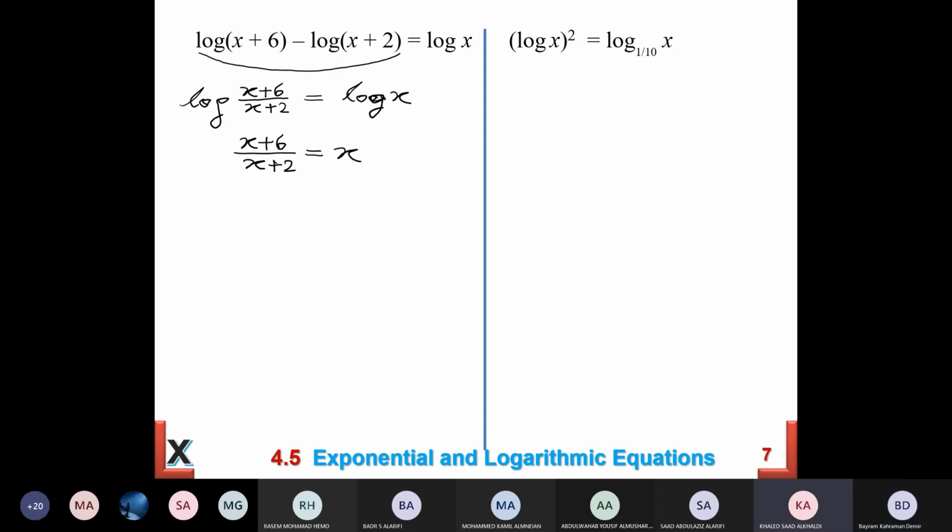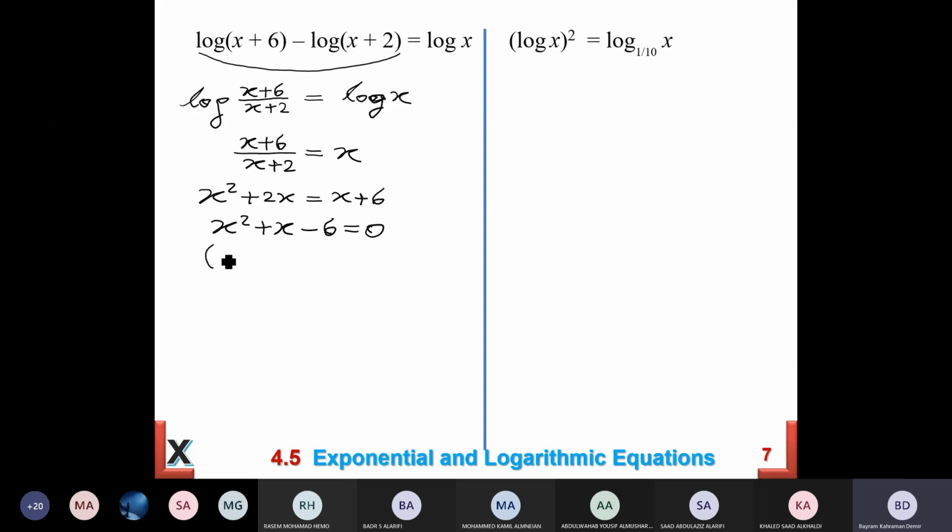Cross multiplying, we get x squared plus 2x equals x plus 6. So by organizing carefully, you will get x squared plus x minus 6 equals 0.